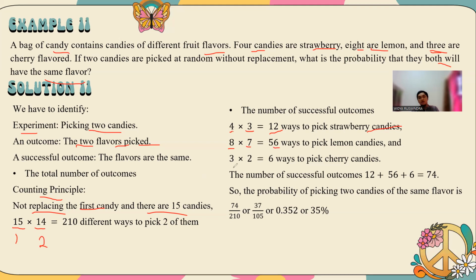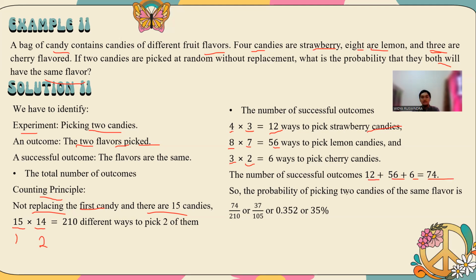And we have 3 possibilities in the first, and for the second we have 2 possibilities, which is equal to 6 ways to pick cherry candies. And the number of successful outcomes is 12 plus 56 plus 6, which is equal to 74.